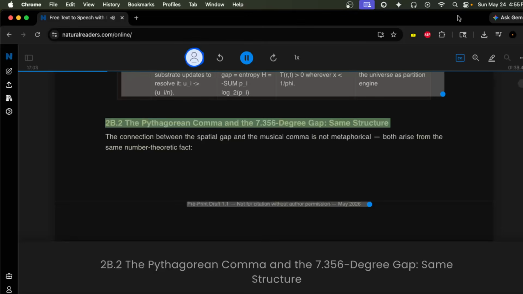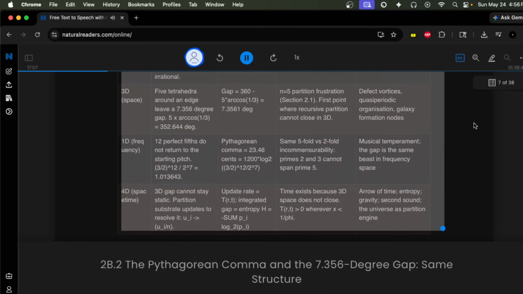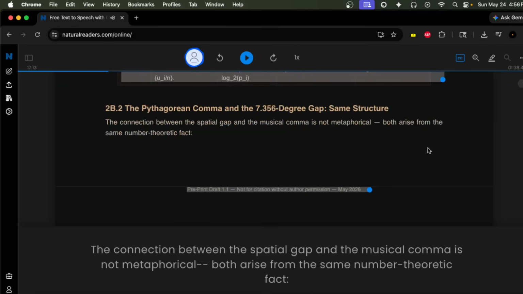2b.2 The Pythagorean comma and the 7.356 degree gap, same structure. The connection between the spatial gap and the musical comma is not metaphorical, both arise from the same number theoretic fact.